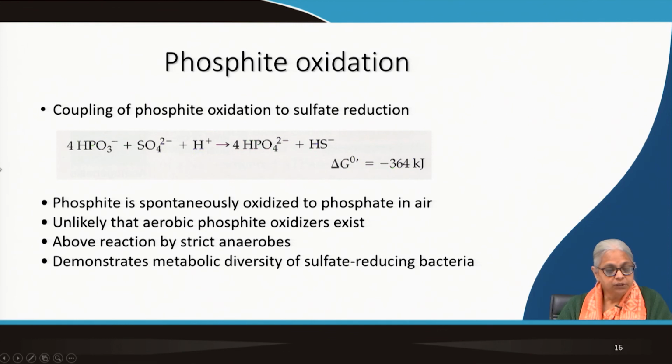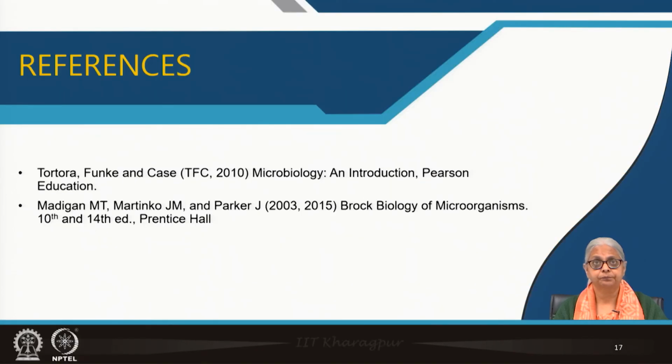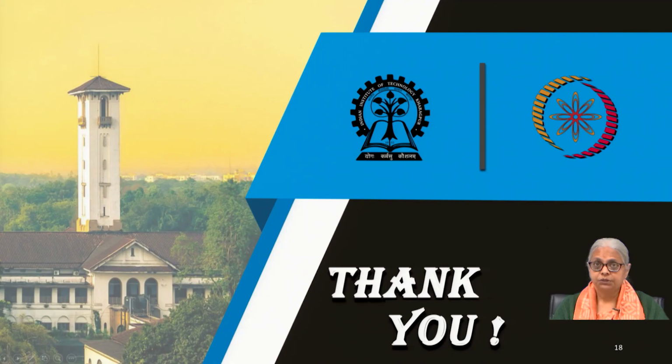Like I said, there is only one species that has been found that is capable of utilizing phosphite and sulfate and converting both of them to phosphate and sulfide. So this is a reaction that is mediated by strictly anaerobic bacteria, and it also shows the metabolic diversity of sulfate reducing bacteria. I will stop at this point.